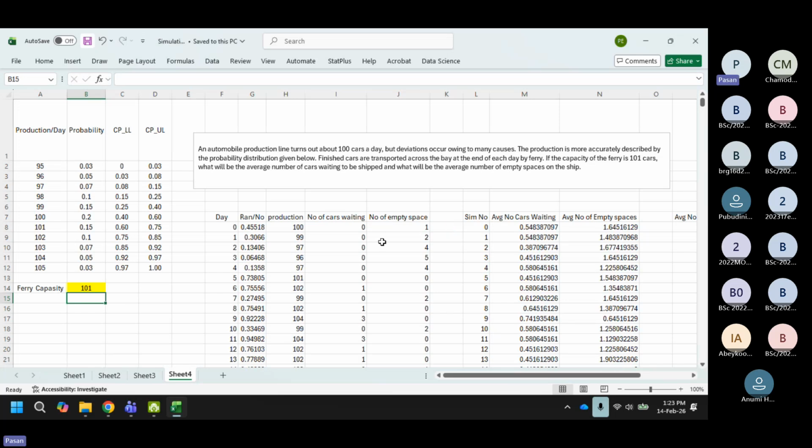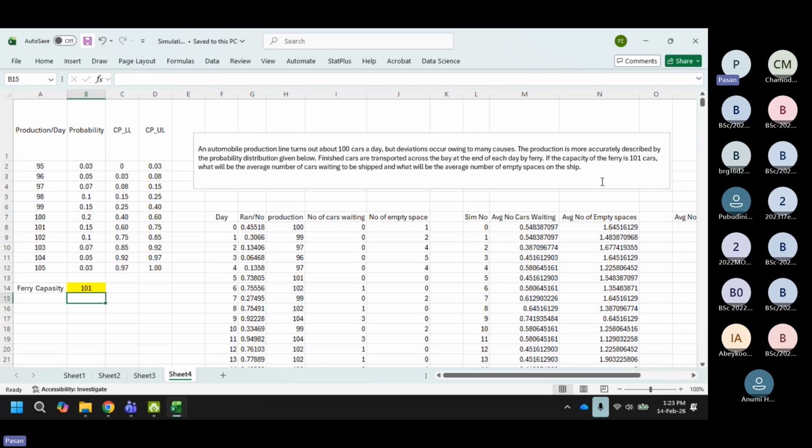And now we want to find out what will be the average number of cars waiting to be shipped, and what will be the average number of empty spaces on the ship, right?